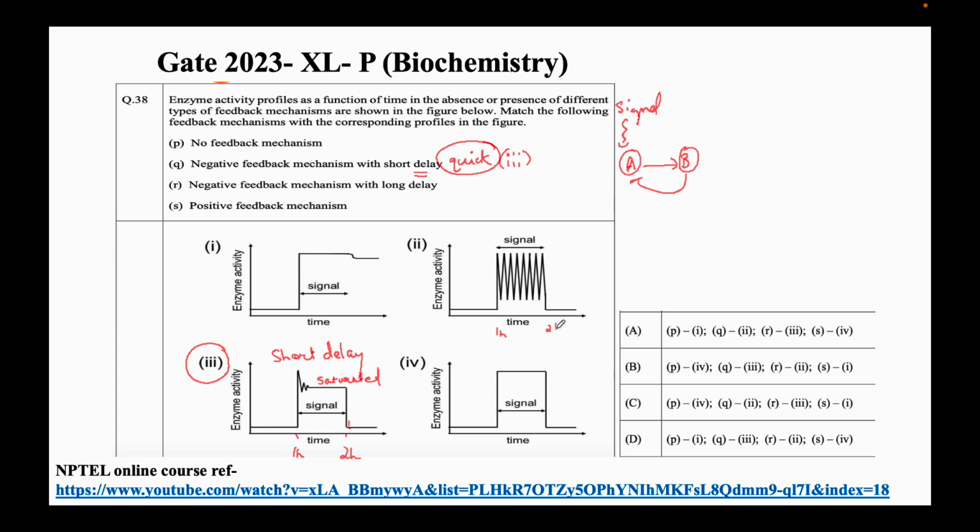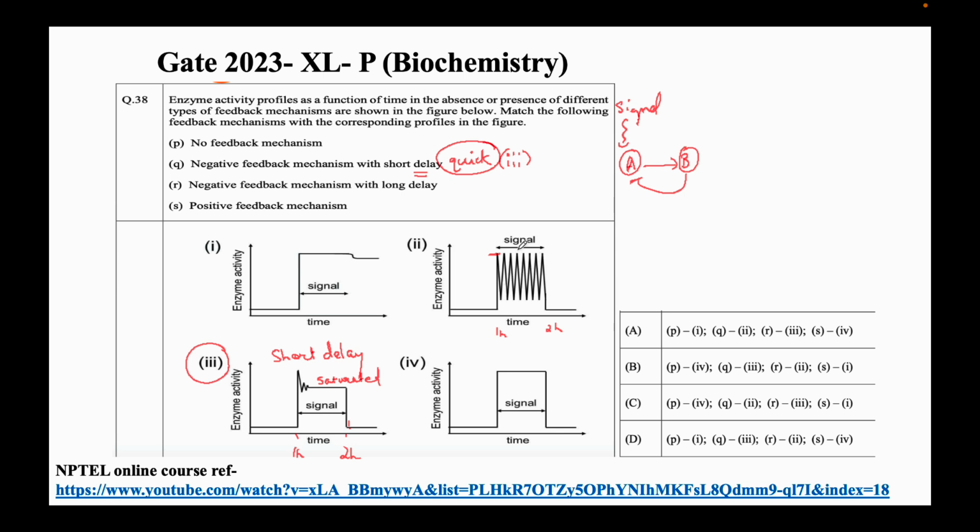Okay, at 1 hour we gave a signal to A, it is activating B, and hence we can see a huge rise in the enzyme activity, and then there is an inhibition, so it is again going down.